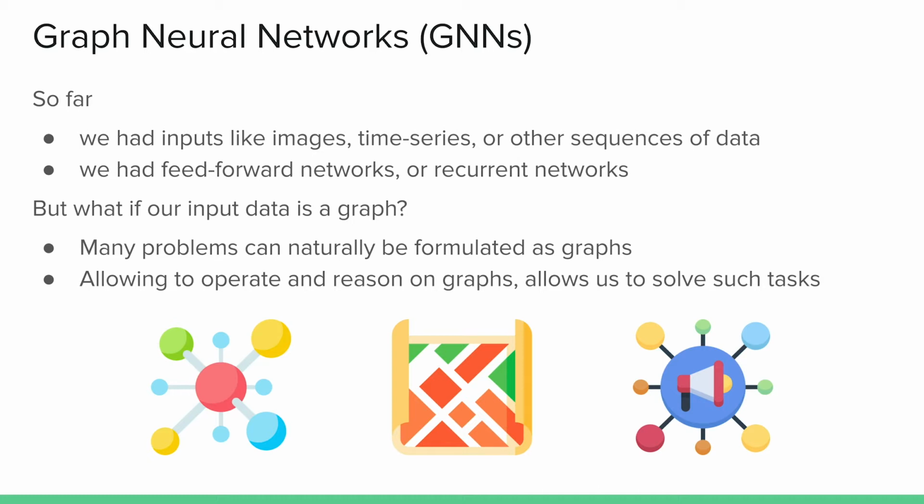Another example would be a street map. If we have a street layout, we have intersections and roads, and you can represent this very well with a graph-like data structure, where, for example, the intersections are nodes and the roads are edges between those intersections.